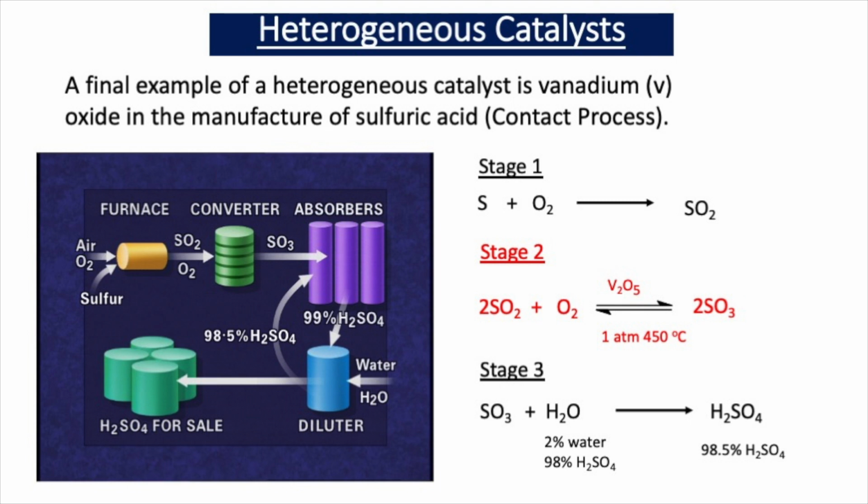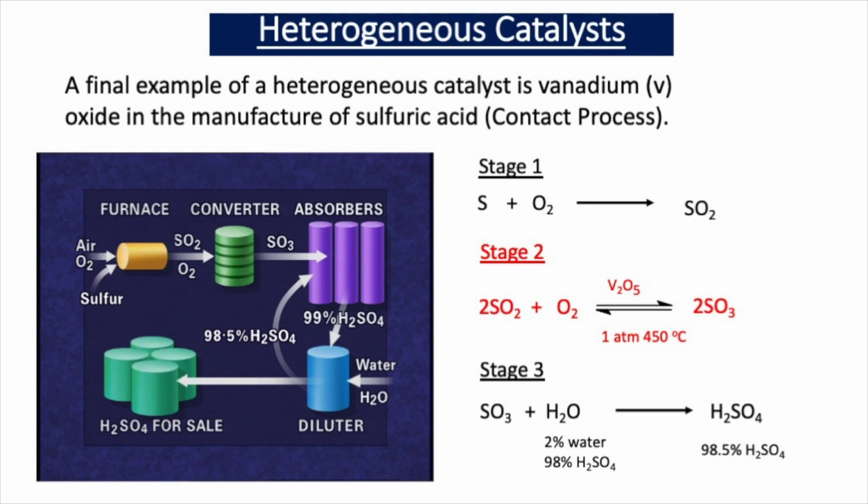So we can't use pure water, and that's why we use 98% sulfuric acid and 2% water to make sulfuric acid that is slightly more concentrated, 98.5%. And then this 0.5% sulfuric acid is removed and the 98% sulfuric acid is put back in to react with more sulfur trioxide. Now the stages in this reaction are summarized here with this graphic, and this is courtesy of the Royal Society of Chemistry.